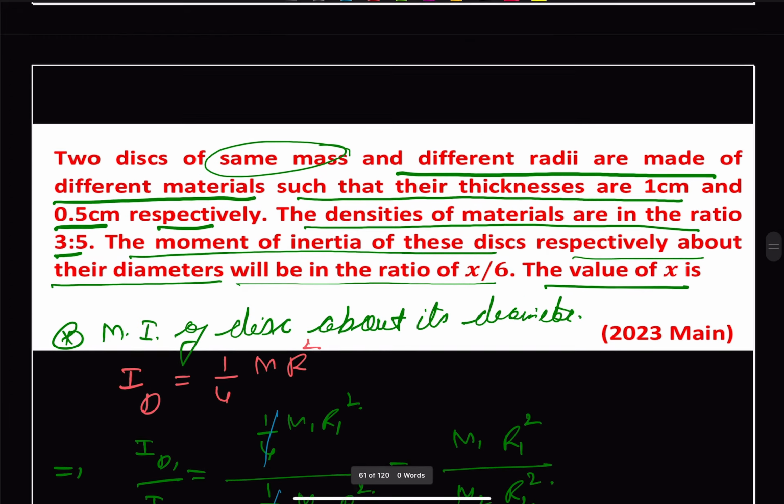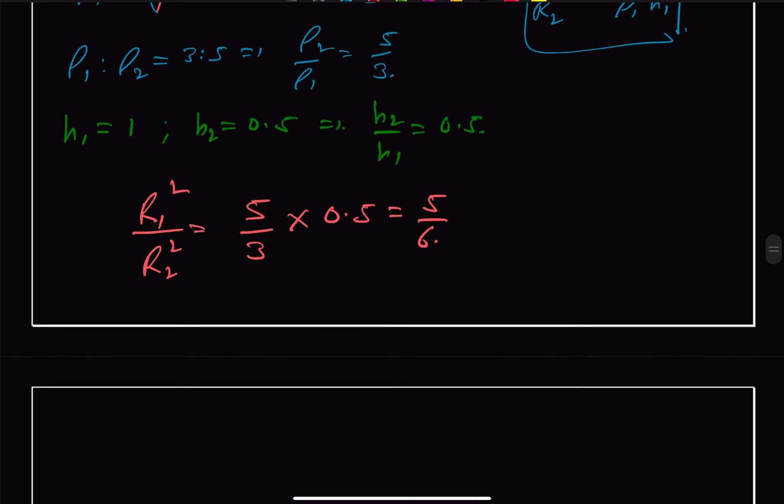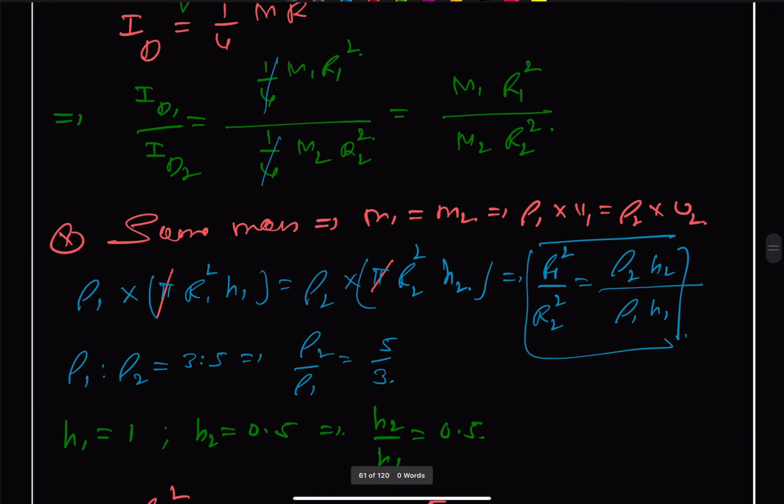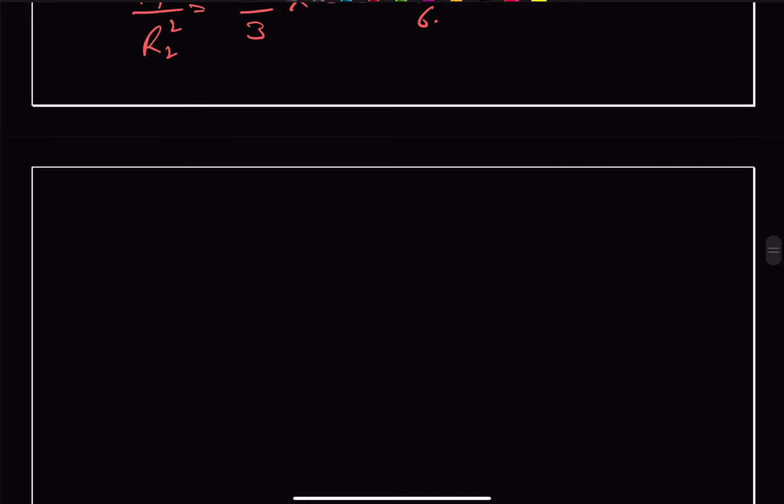And the moment of inertia about the diameter is x upon 6. Okay, and we just wrote the relationship that their ratio, that is our Id1 upon Id2, is equal to m1 r1 square upon m2 r2 square.